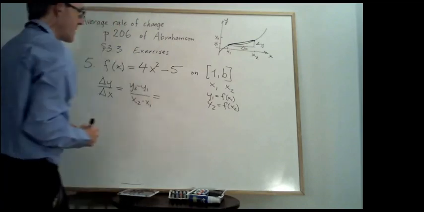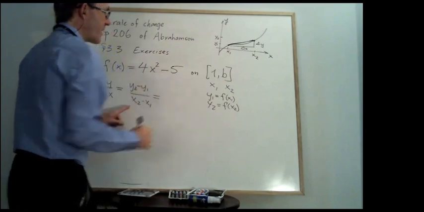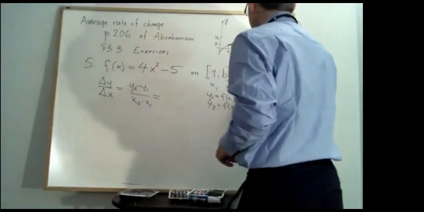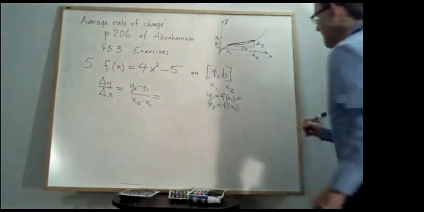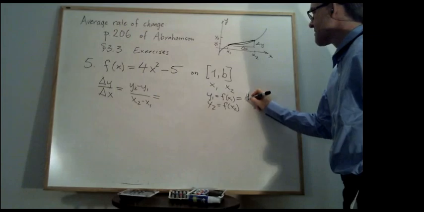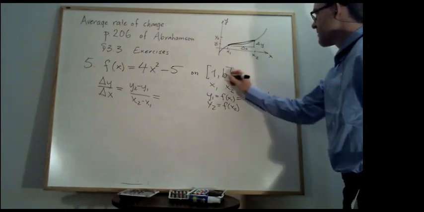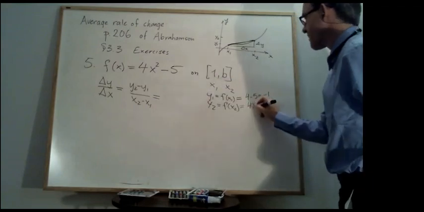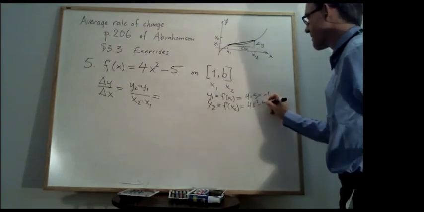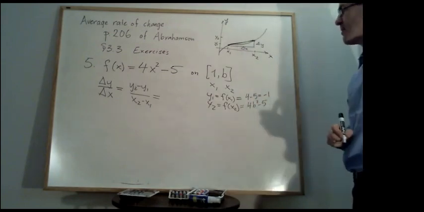So it's just a matter of plugging the numbers into this formula now. For 4x² − 5 at x1, just plug in the numbers: 4 times 1 squared minus 5 is −1. And for the second, just replace x by b, so 4b² − 5.